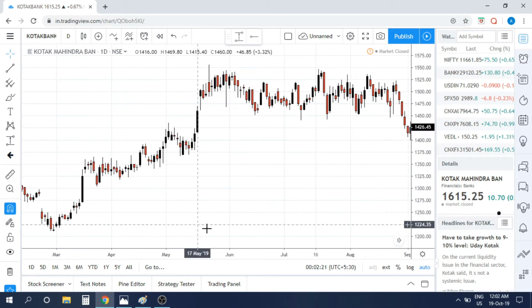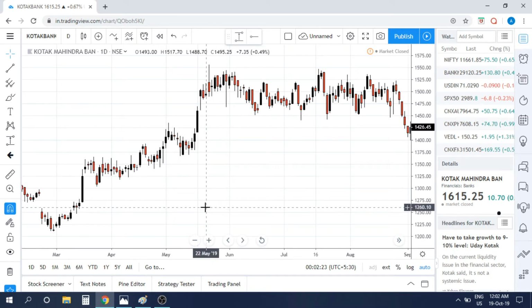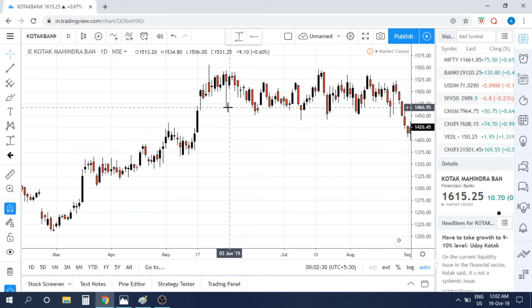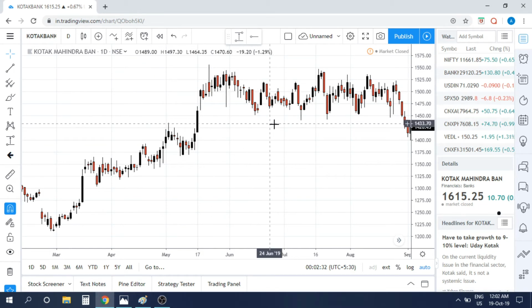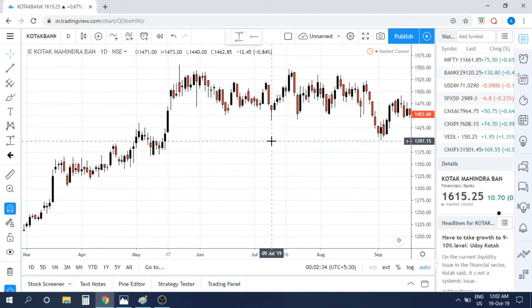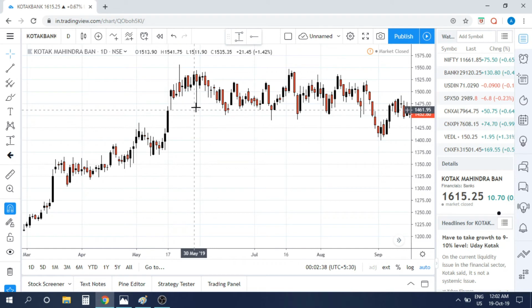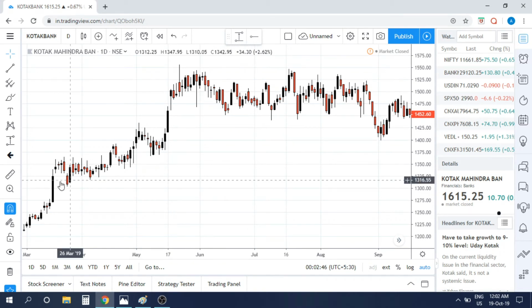Then towards the mid of the month of May, it went up till here, then came back till here, again went up there, again came down here. So it basically exhibited a ranged behavior, from the mid of May, June, July, August, for 3.5 months. So essentially, it was ranging.